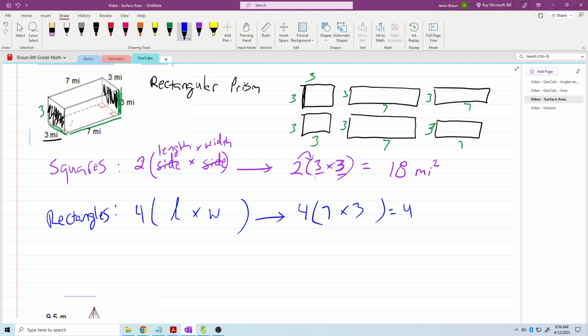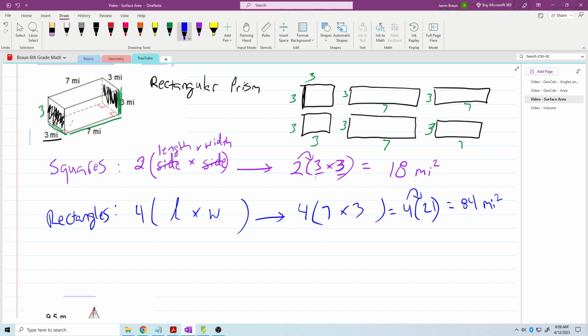That is 4 times 7 times 3, which is 21. Distribute the 4, multiply, whatever you want to call it. That comes out to be 84. Again, I won't ding you on units, but correctly speaking, these would be the units.